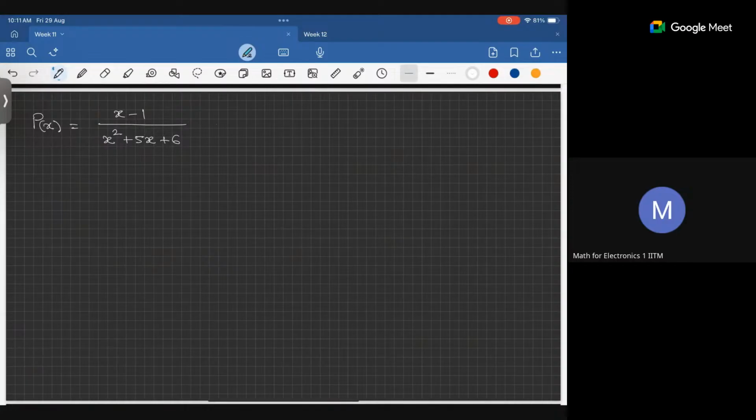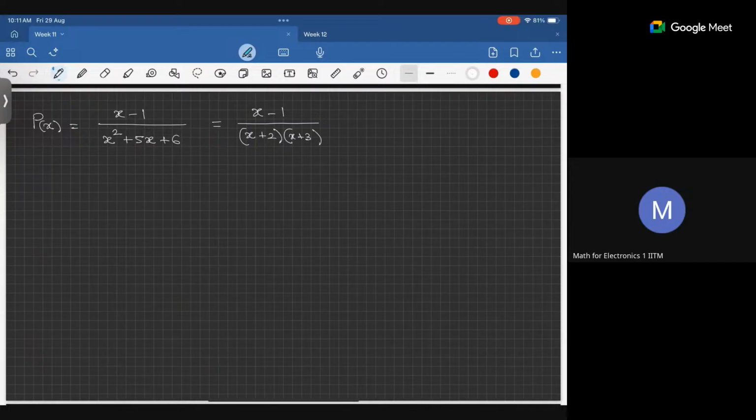If you factorize the denominator, what will it become? How do you factorize? Anyone? It will be x plus 2 into x plus 3.